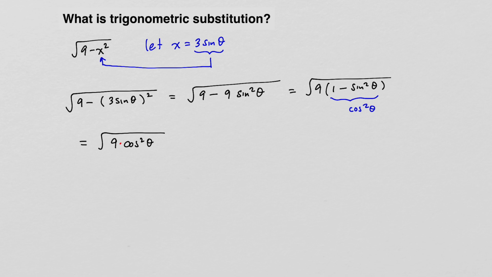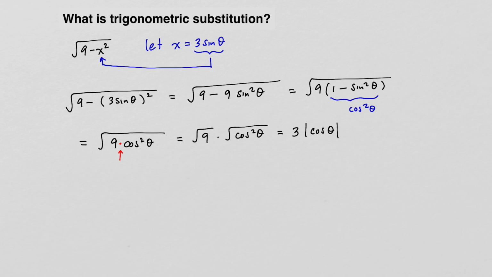And now, because this is multiplication right here, we can separate this radical into the square root of 9 times the square root of cosine squared. And the square root of 9 is 3, and the square root of cosine squared is the absolute value of cosine. So what have we done here?